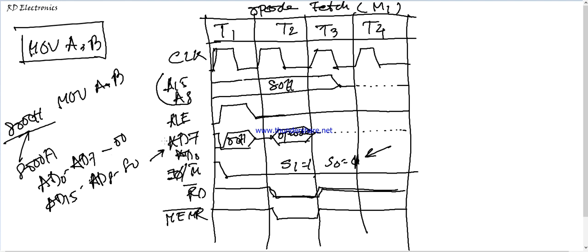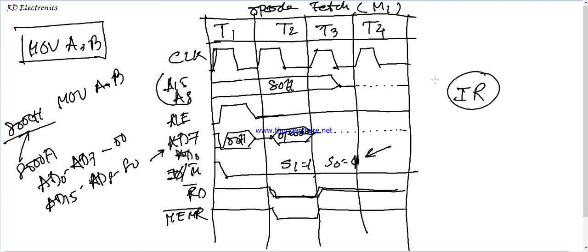So from the 800 hex location we read this opcode and send it to the processor, where it goes to the IR, the instruction register, and after this the opcode goes to the instruction decoder and timing cycle, where it is recognized which type of instruction it is.